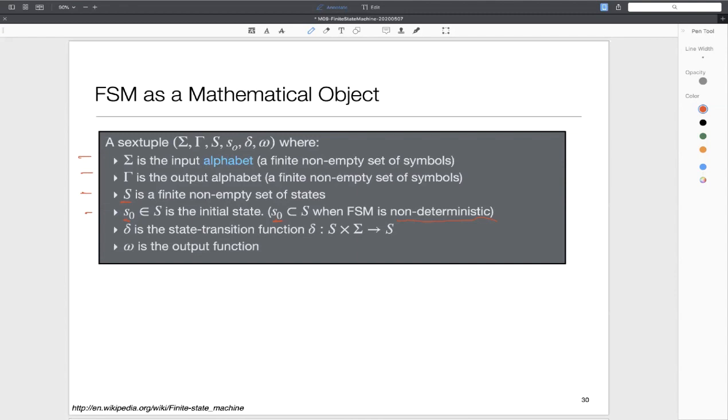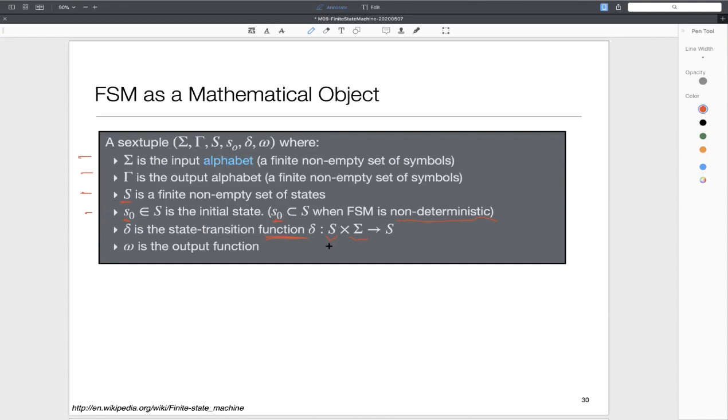Then delta is a function. What it does is it takes a state and it takes an input. So it takes what state I am in and what is the input symbol I received, and then it tells me which is the next state.